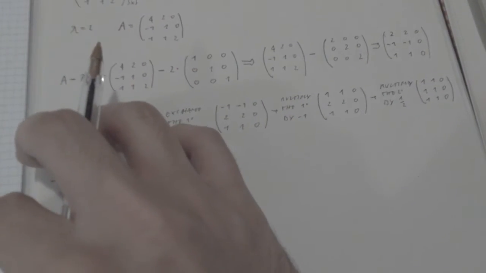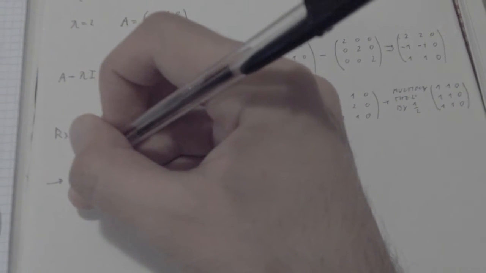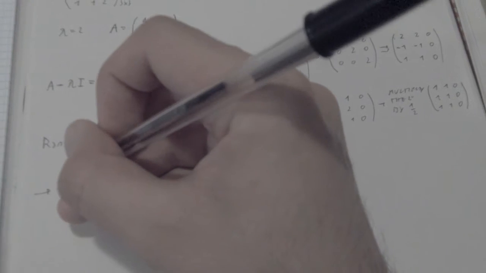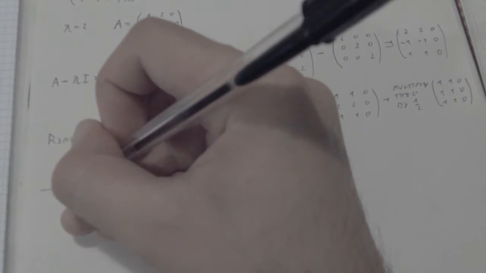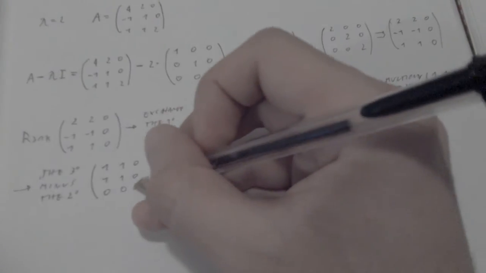I'm going to do the third row minus the second row: 1 minus 1 is 0, 1 minus 1 is 0, 0 minus 0 is 0.